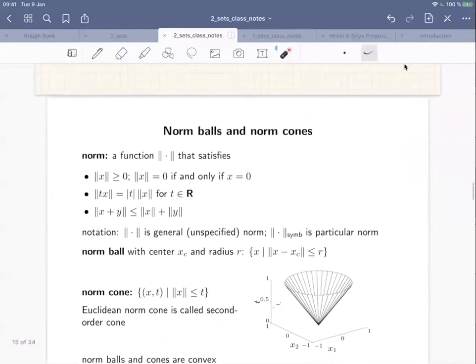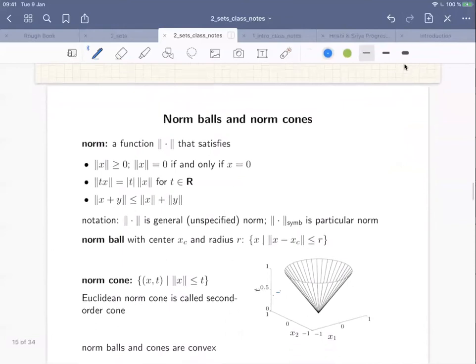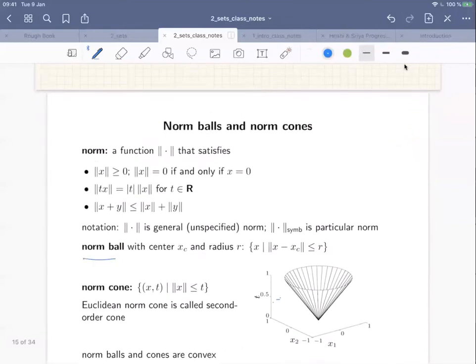In general, the definition is very simple. A norm ball with center xc and radius r is defined as the set where the norm of x minus xc is less than or equal to r. Previously, for the Euclidean ball, we specified which norm it is.